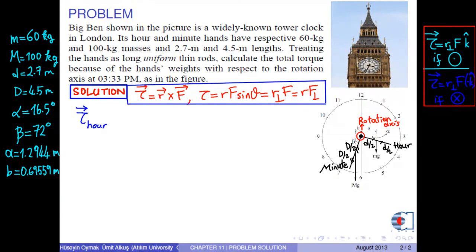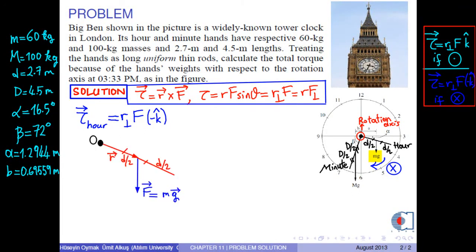Anyway, the torque because of the hour hand with respect to the rotation axis is R perpendicular times F times negative k hat, where R perpendicular is length A and F is m times g. So tau hour becomes negative A times m times g k hat.